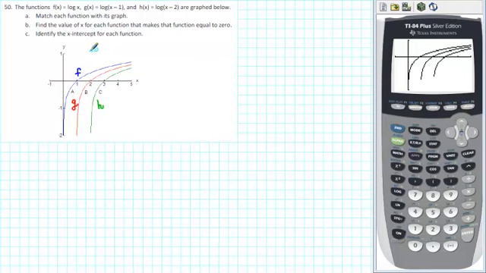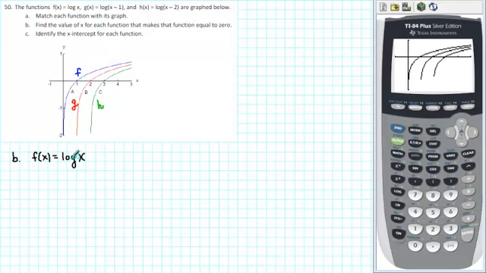For part B, we're asked to find the value of x for each function that makes that function equal to 0. To determine the value of x symbolically, we would substitute 0 for f of x, 0 for g of x, and 0 for h of x.